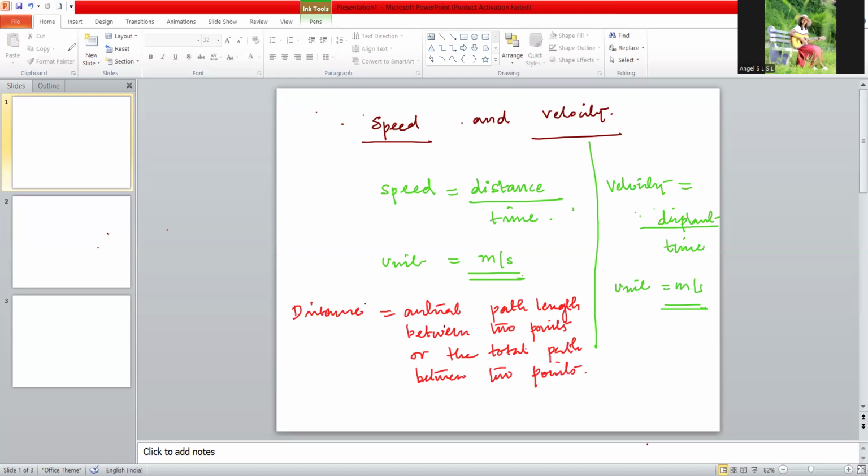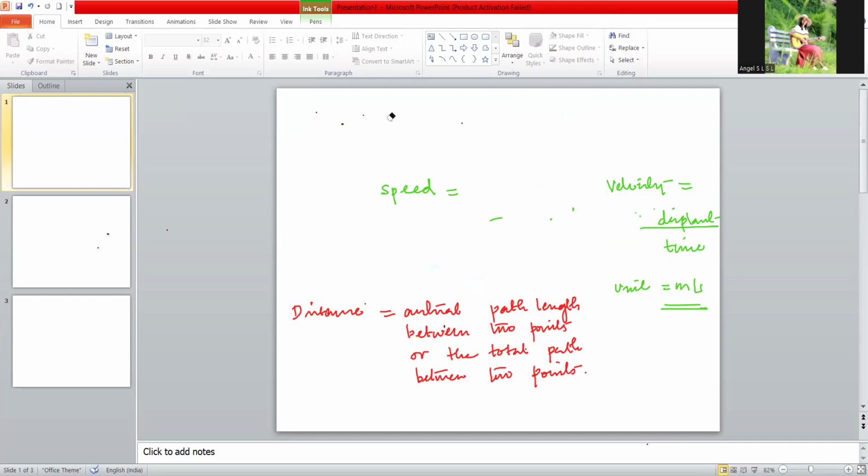But displacement can be defined as the shortest path between 2 points.